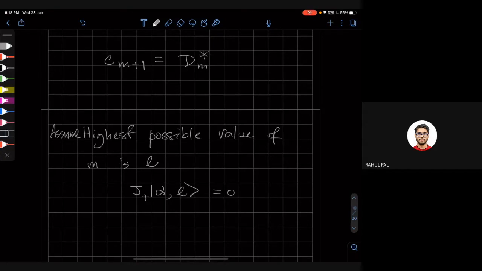It should give me 0. So this state is called the maximal weight state or highest weight state. Doesn't matter what it's called.